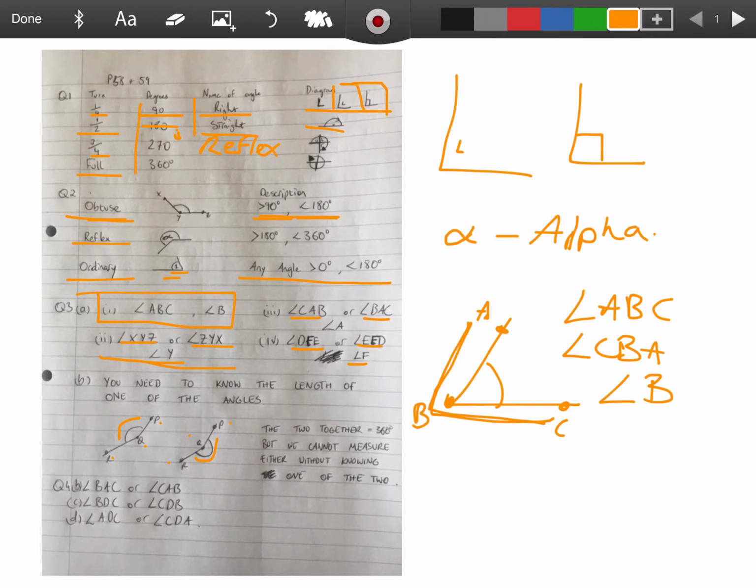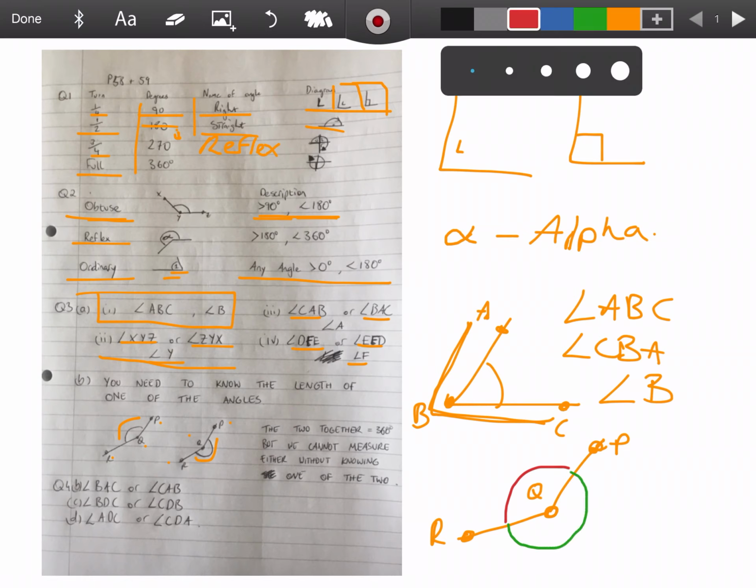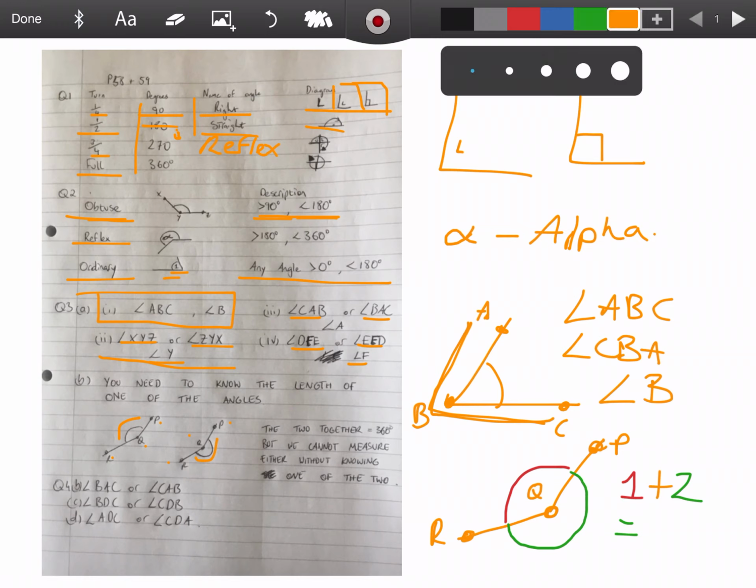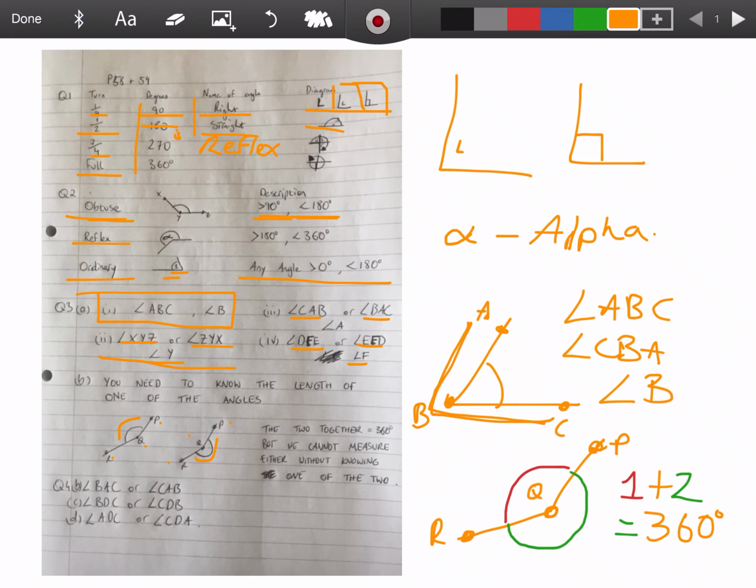If I put the 2 of those together, angle 1 together with angle 2, they would come together to give you 360 degrees, because it's a full circle, isn't it? So that's what I've drawn and explained here.